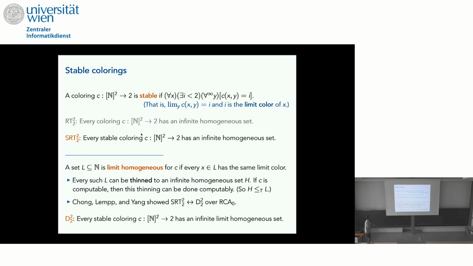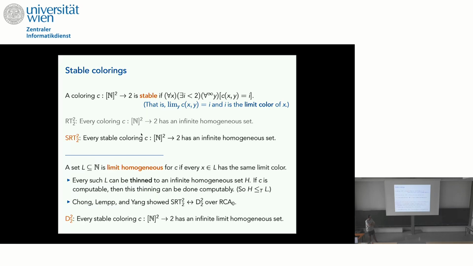It's much more complicated. And in fact, D22 is the statement every stable coloring has an infinite limit homogeneous set. Over omega models, the argument I just gave that these two things are equivalent is straightforward. That argument works. It actually is a non-trivial proof over arbitrary models of RCA naught. To show that you can do that with I sigma 1 is fairly sophisticated.